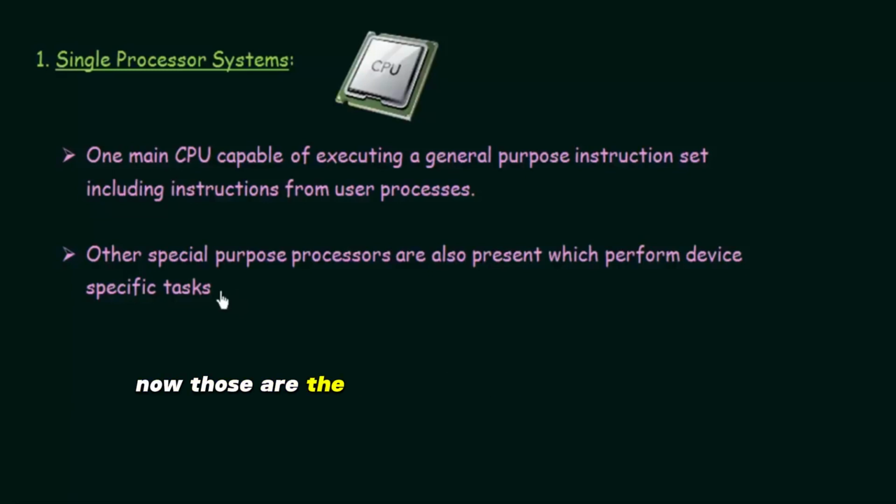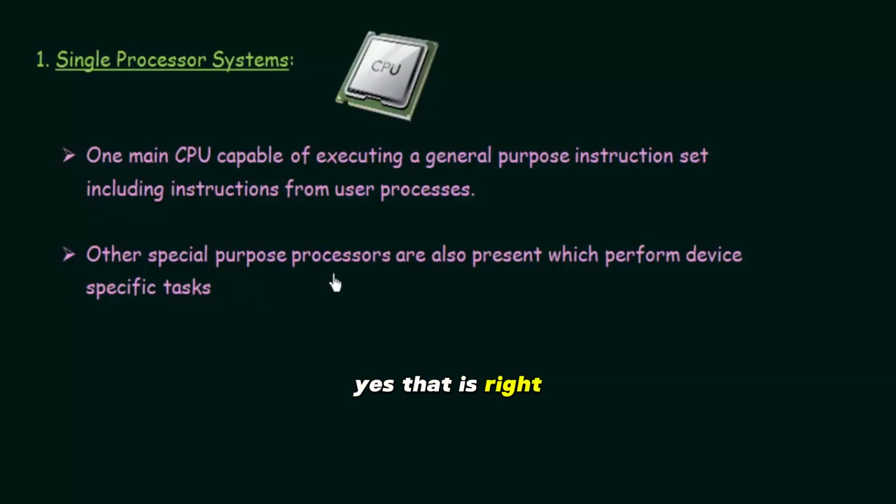Those are the special-purpose processors that we are talking about. This kind of special-purpose processor is also present, but not for general purposes, only for specific purposes. Now you may question me, saying that I said it is a single processor system, but here I have already shown you more than one processor. I said that there is a general-purpose processor and also a special-purpose processor.